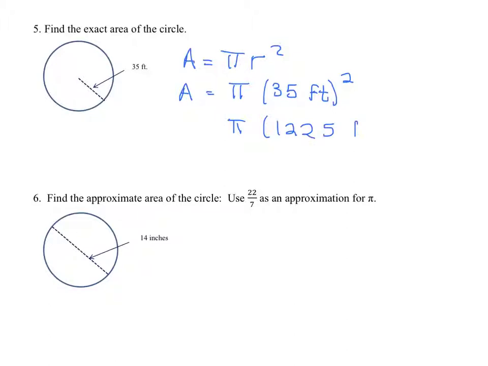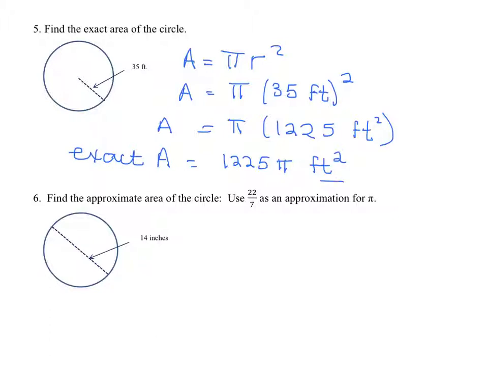And I also have to square the feet, so feet squared. So now my exact area, remember what we do for exact? We leave the symbol pi in the problem. 1225 pi, and then we label it with feet squared. And that is the exact. That means I'm not taking any approximations anywhere. So that's beautiful. Math people love this expression.